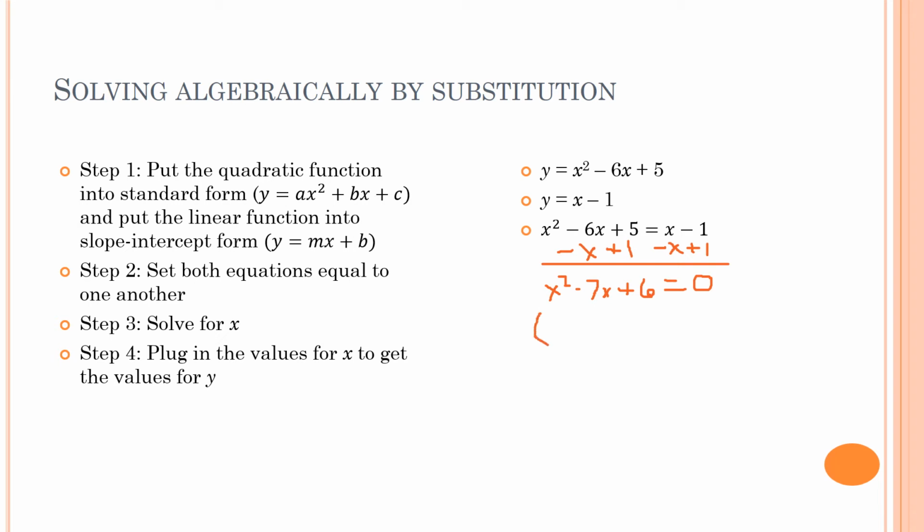Factors of 6 that add up to negative 7 are negative 6 and negative 1. This thus proving that it doesn't matter which method you use, you will get the same answer, provided that, of course, you are doing it correctly.